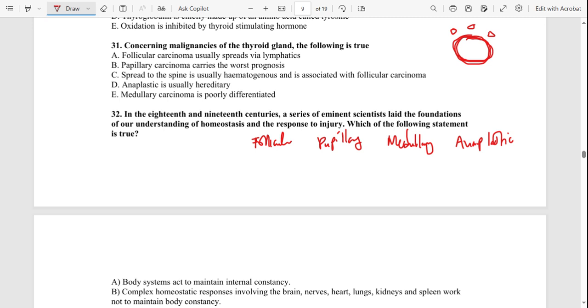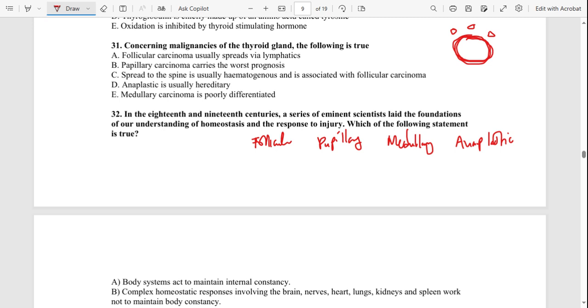And then for the papillary and also the follicular, you do surgery with radioiodine. So those are the comparisons amongst these different types of thyroid carcinomas. Okay, hope that makes sense.